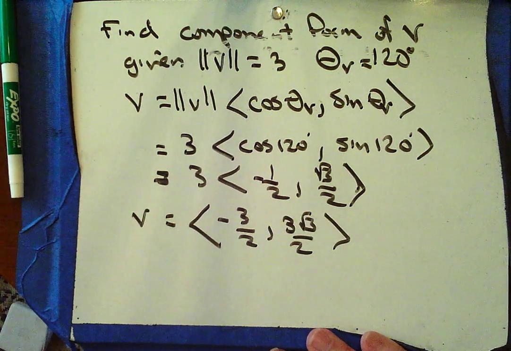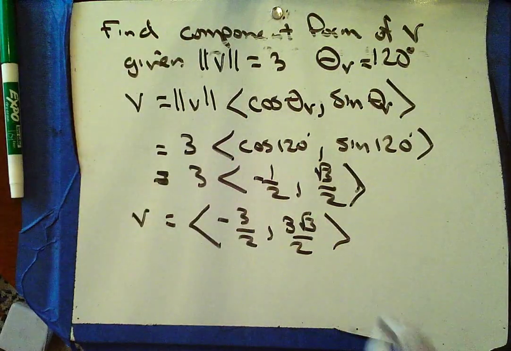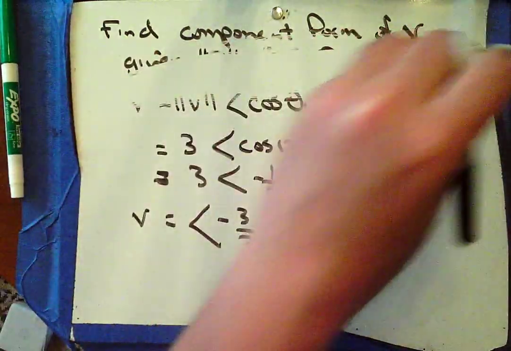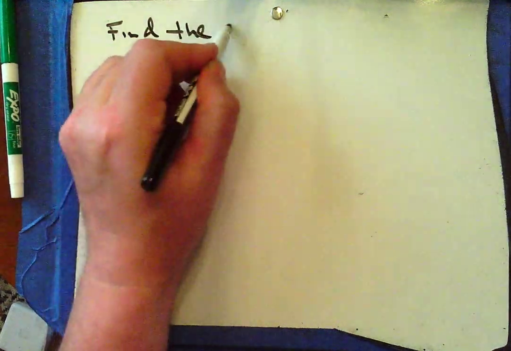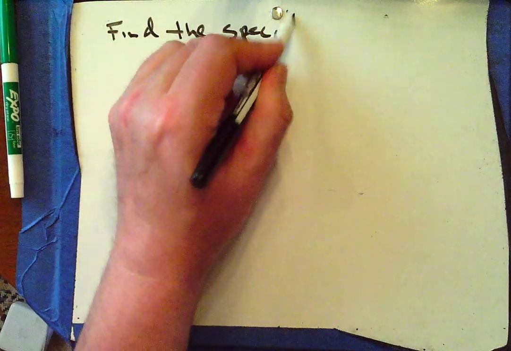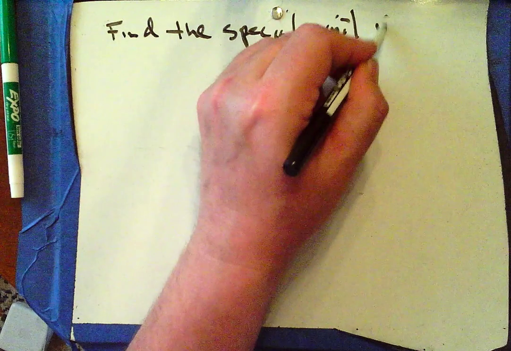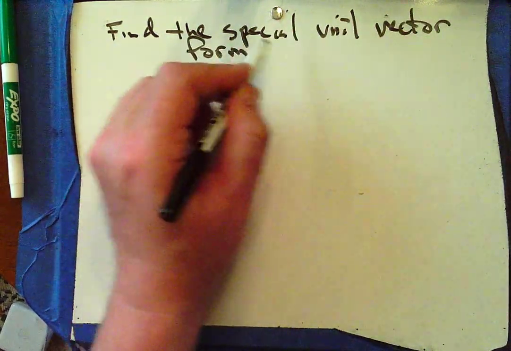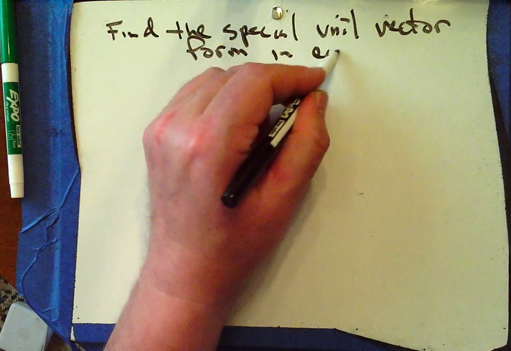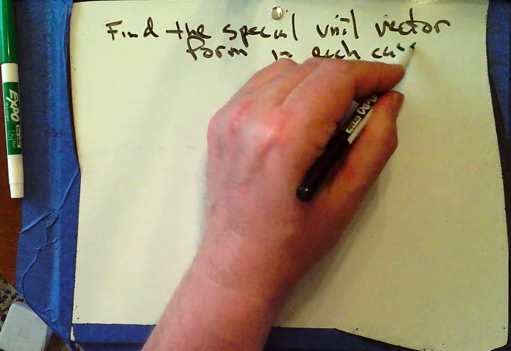Component form of v. Now, in these problems, instead of being asked for the component form of v, you could be asked to find the special unit vector form in each case.